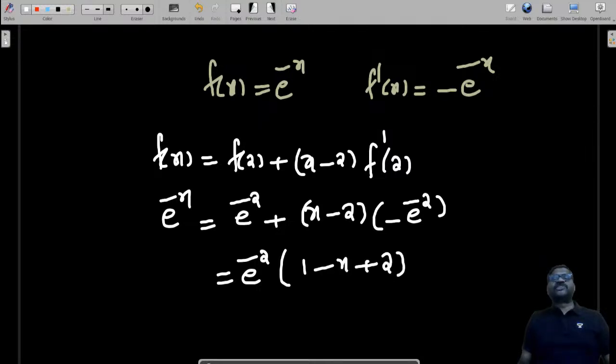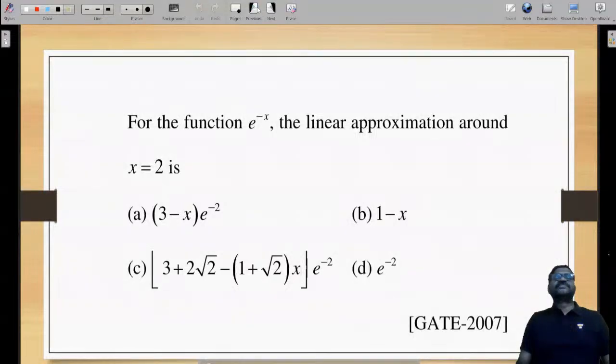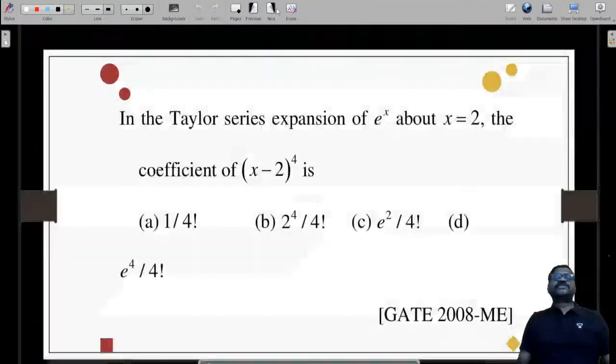That gives e power minus 2 times (1 minus x plus 2), which is e power minus 2 of (3 minus x).